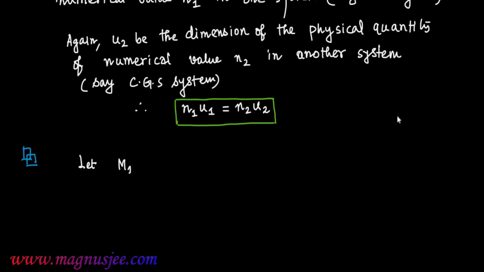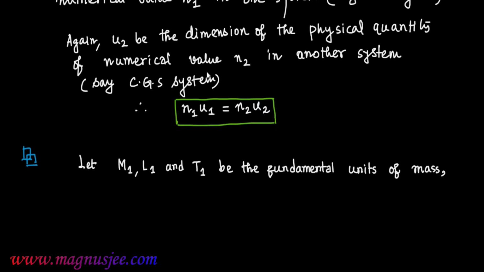Let m1, l1 and t1 be the fundamental units of mass, length and time in one system of measurement.